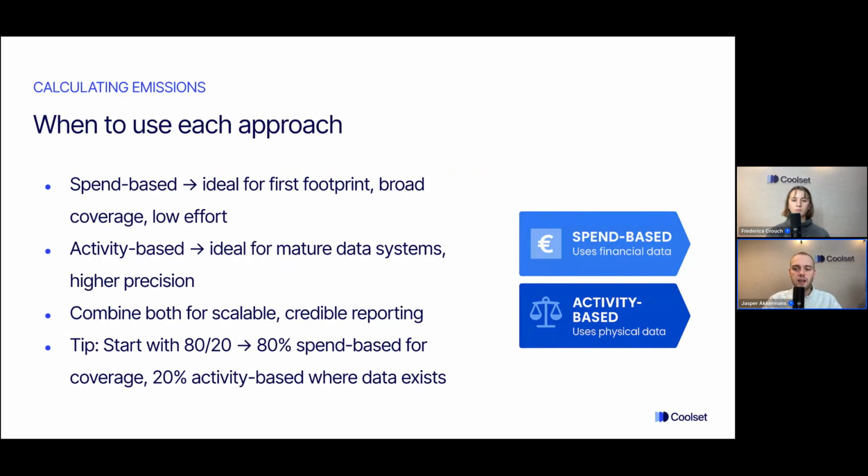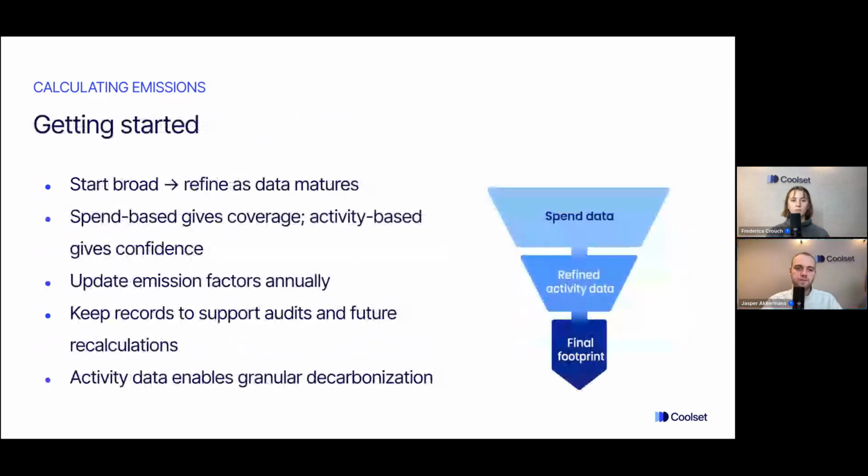as it also kind of is good practice to get you started. Okay, where can we improve the data quality? And helps your company set up kind of a process for that. Getting started, so start broad, refine as data matures. Spend-based gives coverage, activity-based gives confidence. Update emission factors annually if you do it yourself, and keep records to support audits and future recalculations, especially, for example, if you want to work with something like EcoVadis, SBTi, or CSRD, which we'll cover in a second.